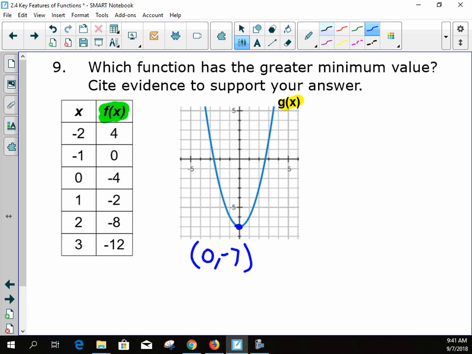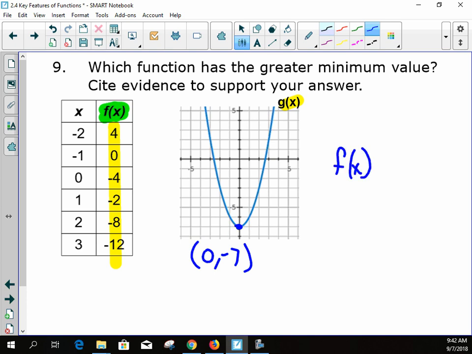Do I have to graph f of x to find my minimum? No, you're correct. We don't have to. How am I going to find my minimum for f? What can I look at? I can look at my y values, can I? The smaller the y value, the smaller the minimum. So which one has a smaller minimum? Or a greater minimum, sorry.